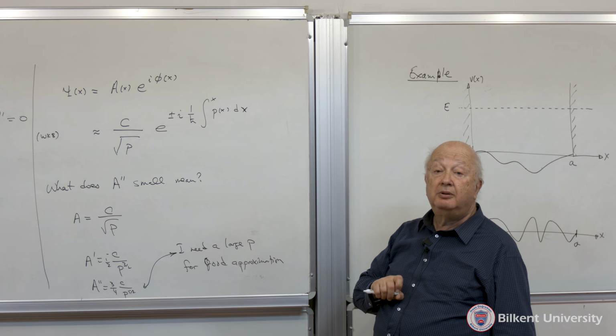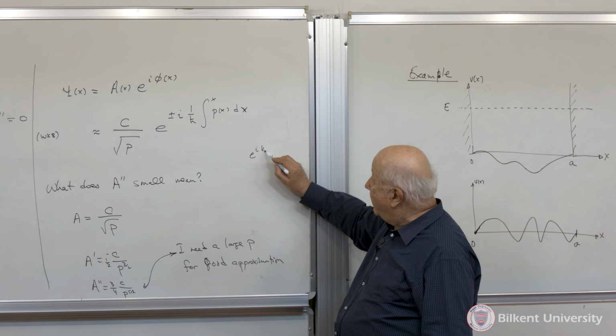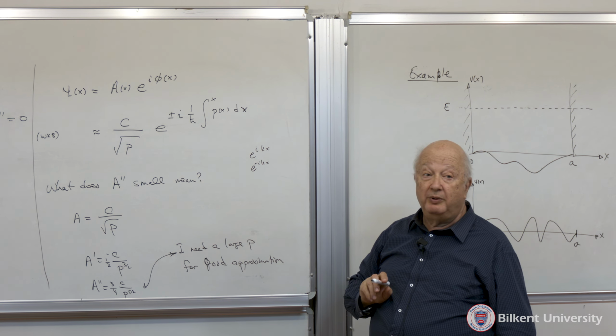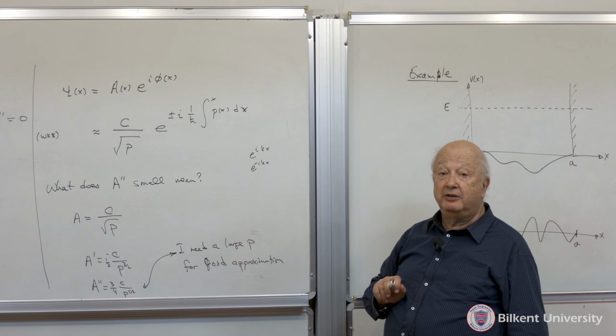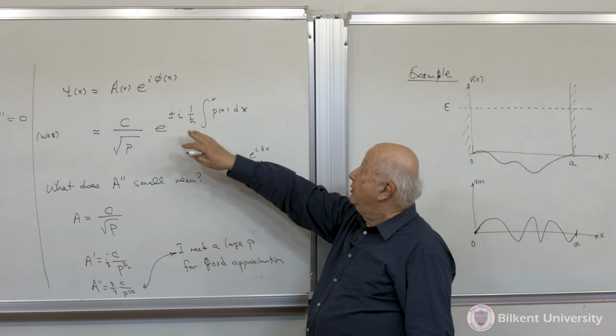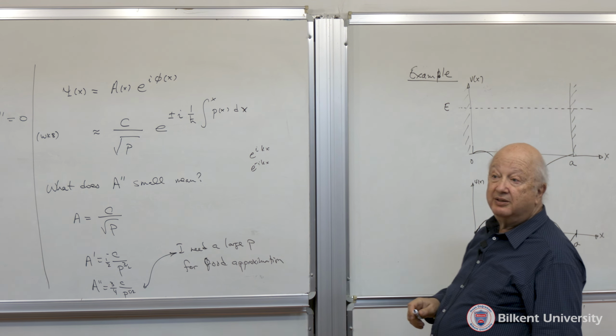If I have something like e to the i kx and e to the minus i kx, how do I form a linear combination which goes to 0 when x goes to 0? Sine, right? I just use the sine. So I subtract the one with the minus i from the one with the plus i.